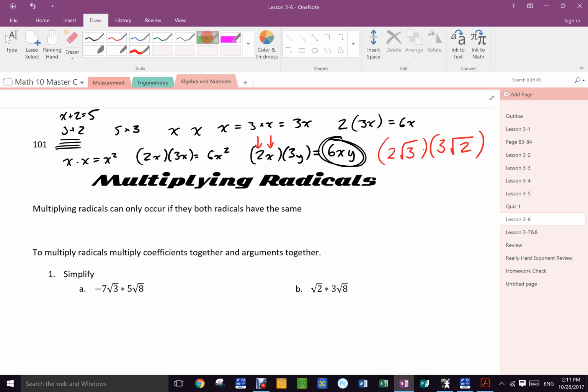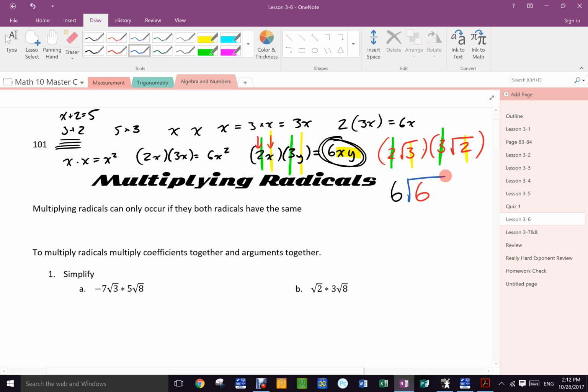What did we do with our coefficients here? Multiplied them. So what will we do with our coefficients here? Multiply them. What did we do with our multiplicands here? Multiplied them. X times y. So what do you think we do with our multiplicands here? Multiply them to get 6. The only difference is there's a radical sign in there now.